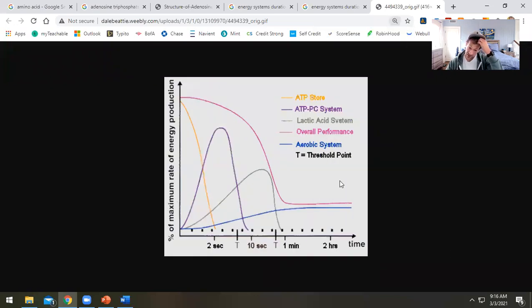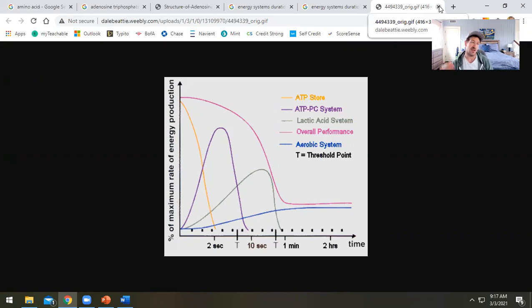Okay, so here is sort of what it looks like in terms of the different energy systems that we've got, right? So you've got your ATP-PC system, which is known as your phosphagen system. You have your glycolysis, which we call the lactic acid system because it's generating lactic acid. And we've got your aerobic system, which is going to consist of a couple different subsystems there, right?